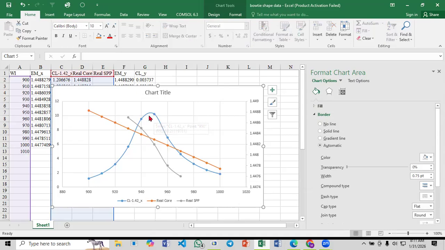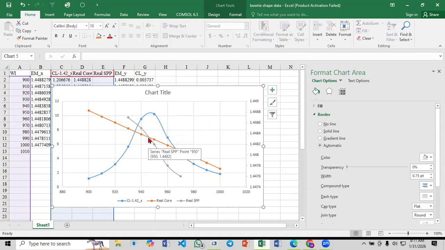The resonance wavelength is somewhere between 940 and 950, because the real part of SPP and the real part of the core mode match in between 940 and 950.